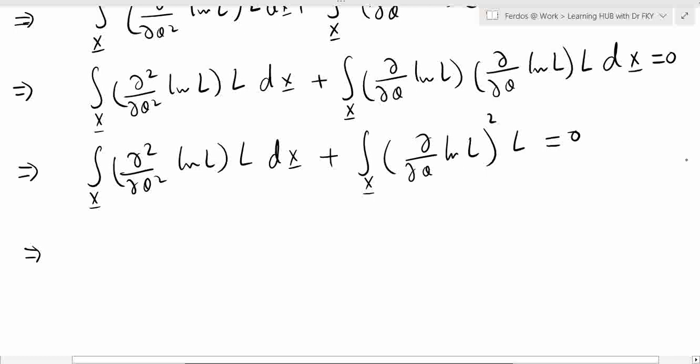You can see that the first quantity is the expected value of this, and the second quantity is the expected value of this. I explained this earlier, so you can write this as the expected value of the square, and this is equal to the expected value of this.